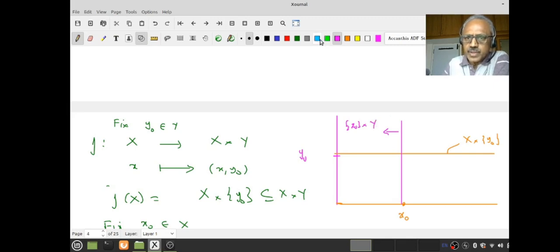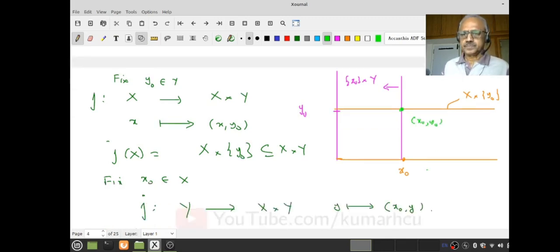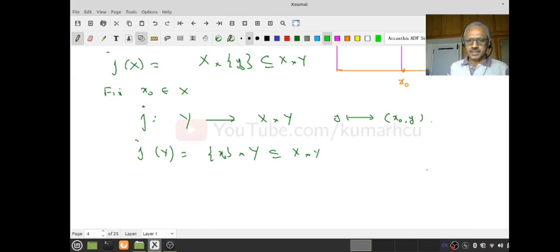Therefore what is this point? This point is x naught y naught. Okay, right. I want to spend some time on this, it is just ordinary stuff.